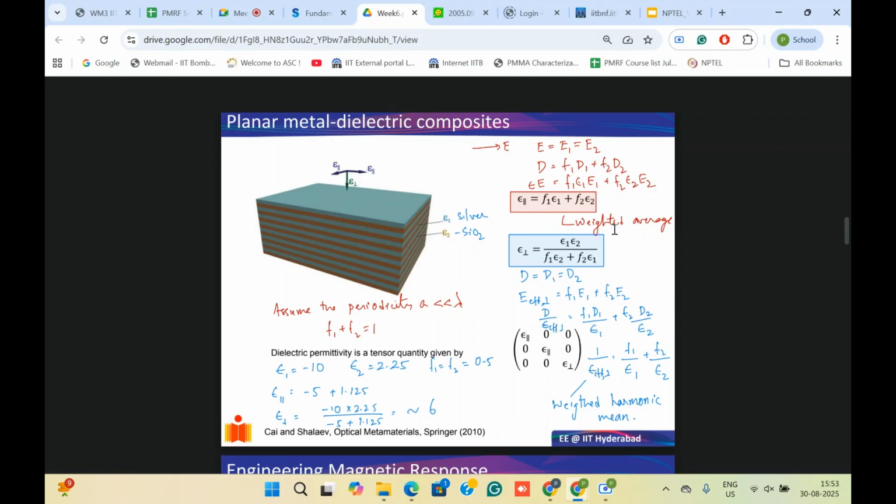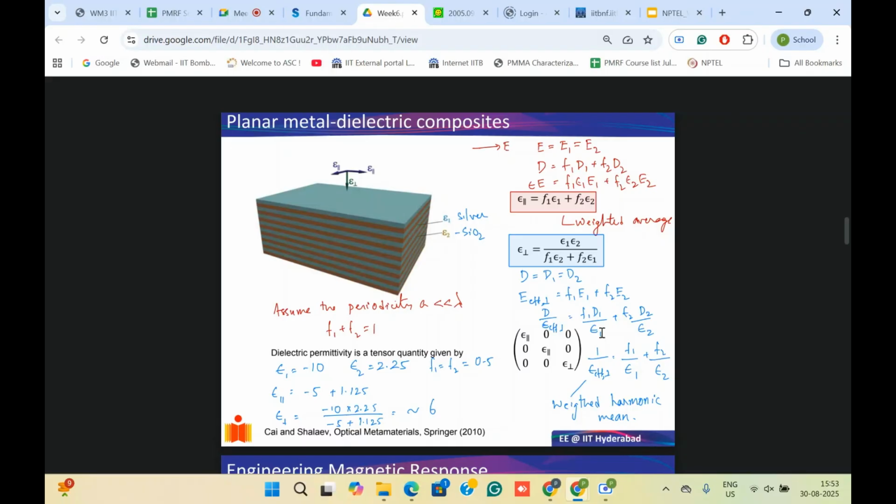So D over epsilon effective equals f1 D1 over epsilon 1 plus f2 D2 over epsilon 2, and the D terms cancel.